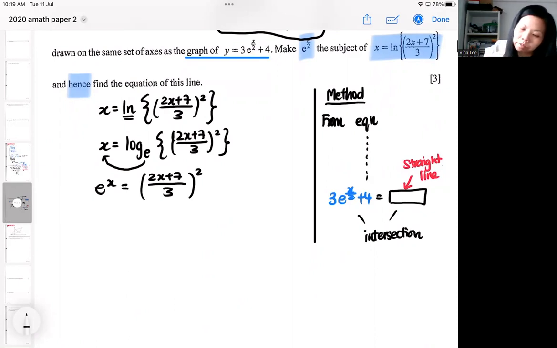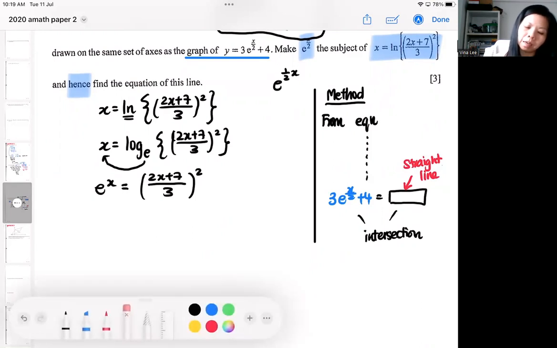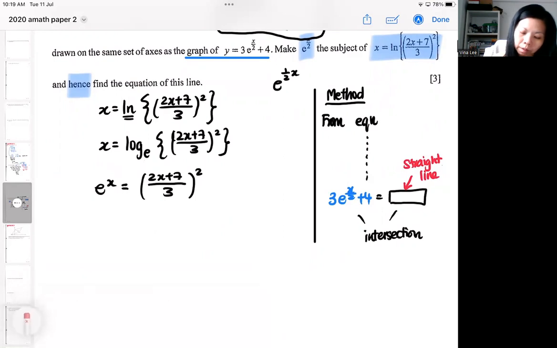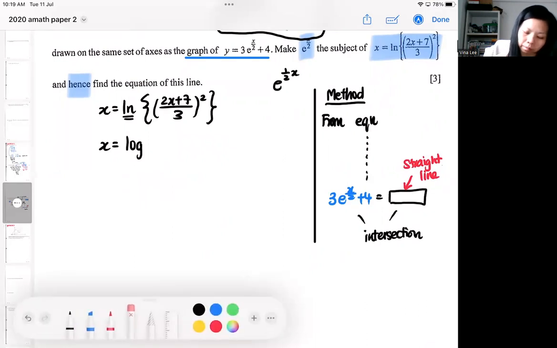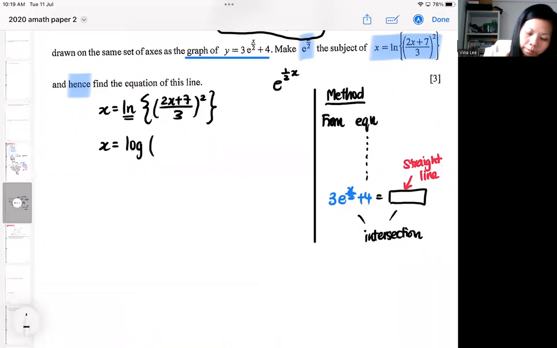But then in this question, my aim is to make e to the half x the subject. So if my aim is to make e to the half x the subject, I can do something else first before I change it to index format. I will show you two ways.